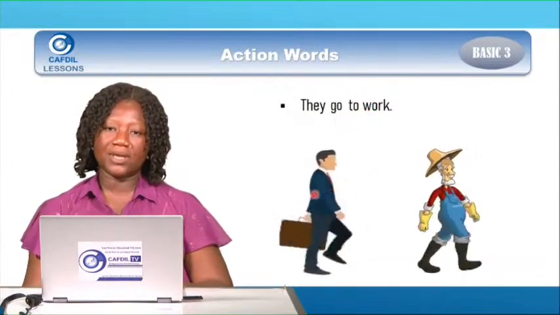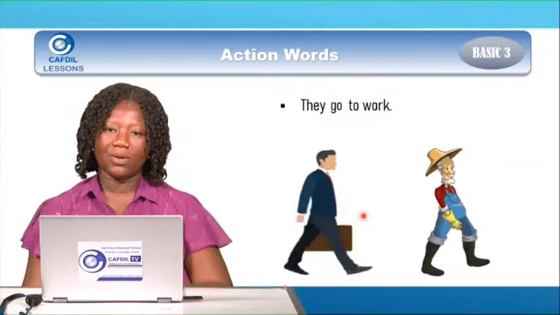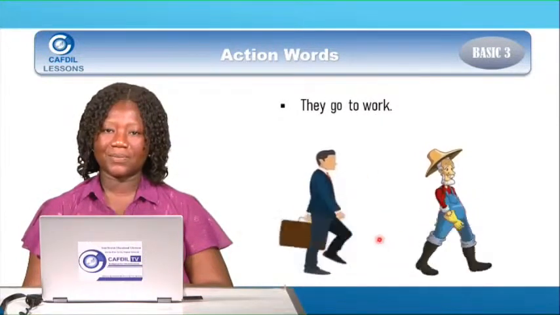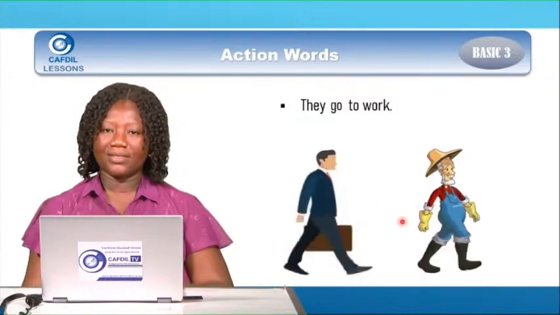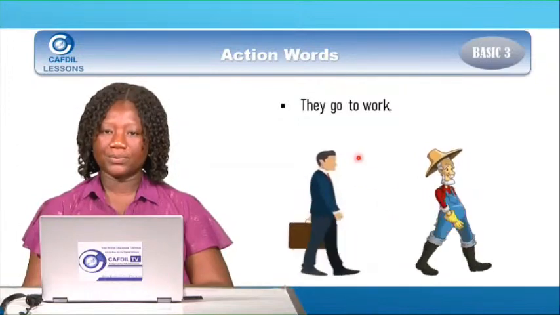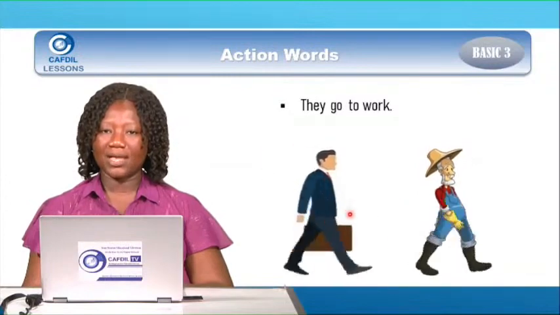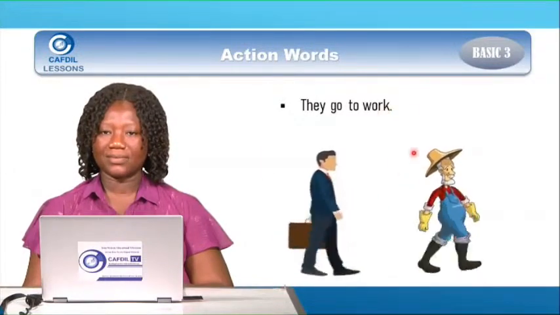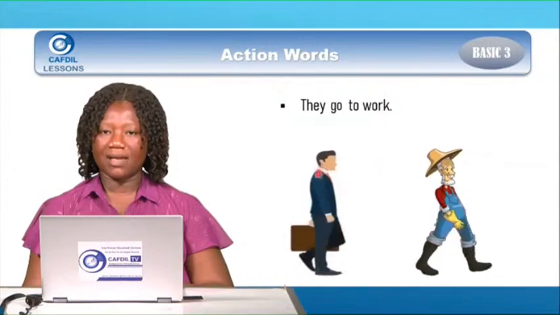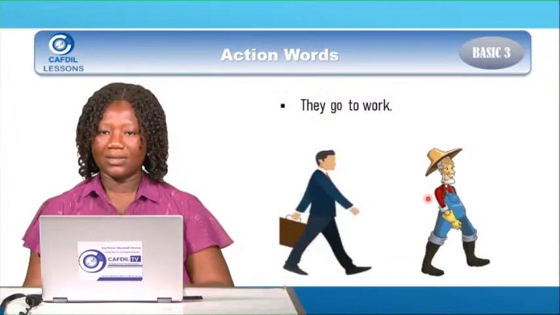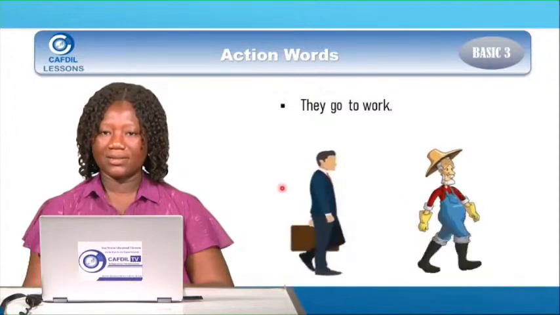What do you see in the picture? What action is going on in the picture? There are two people performing a particular action. They are going from one place to another place, right?